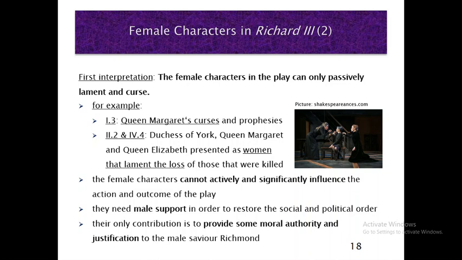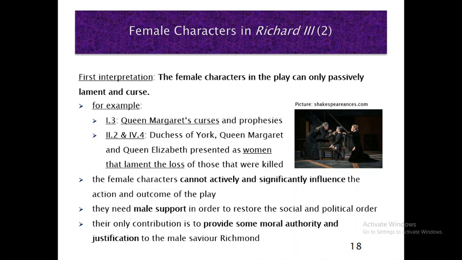They need male support, men, in order to restore the social and political order. Their only contribution, if they contribute anything, is to provide some moral authority and justification to the male savior Richmond. So the man that has to save everything and to restore order.